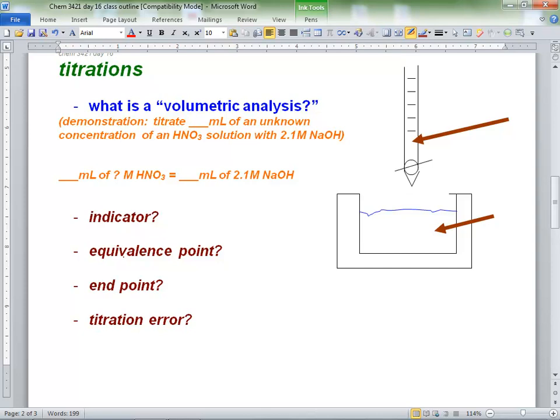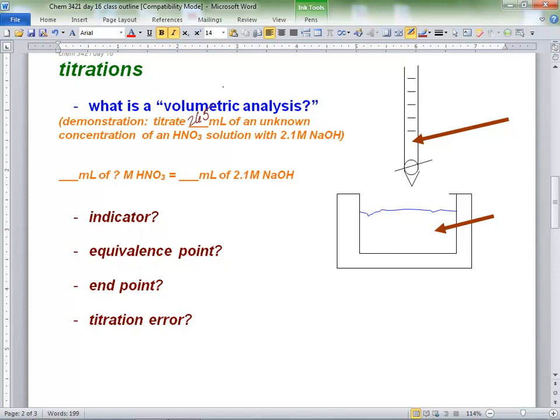This is exactly 265 milliliters of an unknown concentration of nitric acid with 2.1 molar NaOH. Oh, I got the wrong one. Change this to 2.1. Okay, there's my 2.1 molar NaOH.